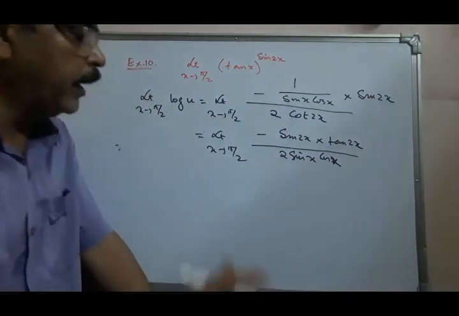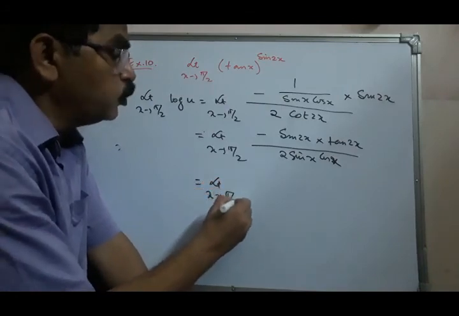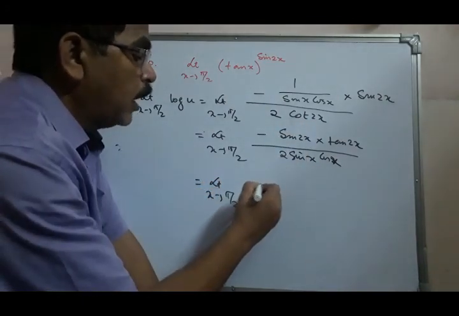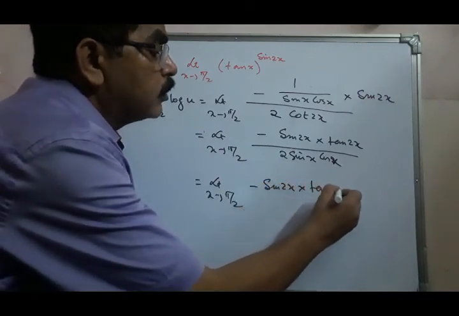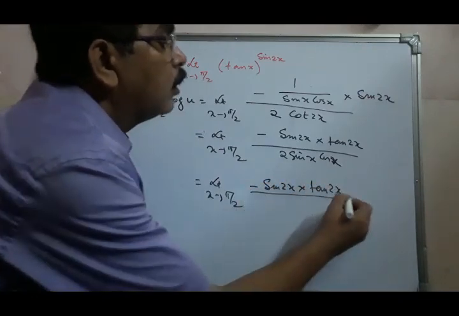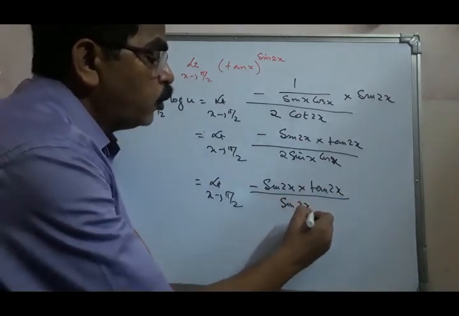So further we are getting limit x tending to pi by 2 minus sin 2x into tan 2x divided by sin 2x.